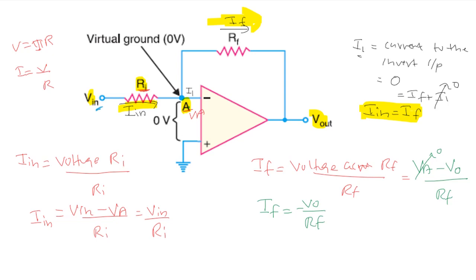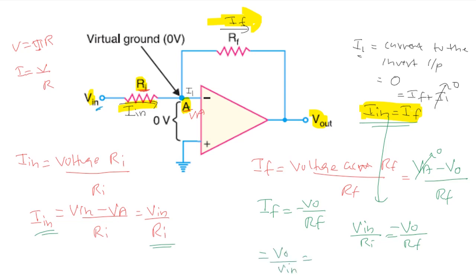And we have the equation I in is equal to IF. So this term I in, that is V in by Ri, is equal to minus V out by RF. Now what is gain? The gain is output voltage by input voltage.